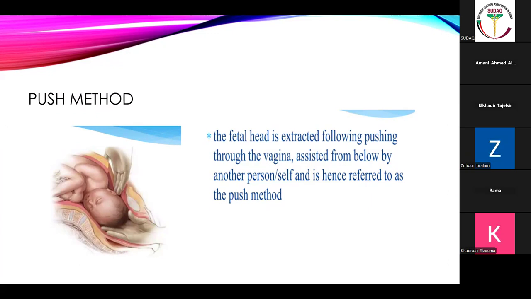Okay? Now, there are precautions before delivering the head of the baby. What are the precautions while doing the second stage cesarean section? Firstly, before opening the uterus, we do dissection of the bladder.